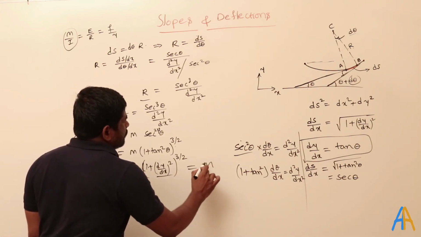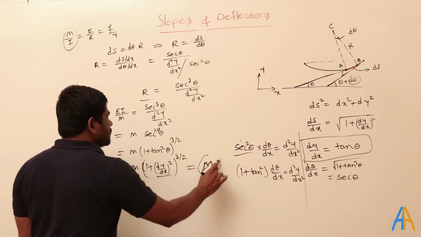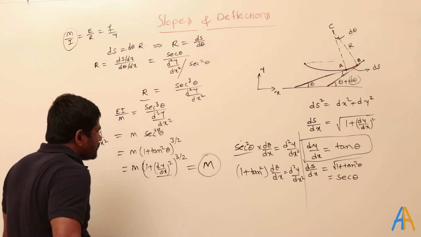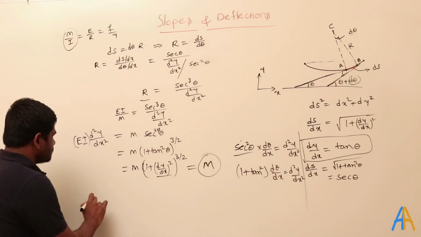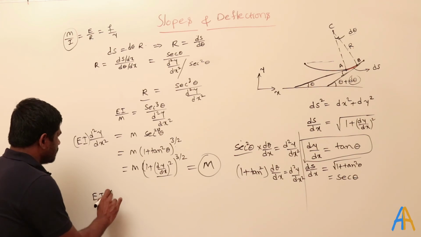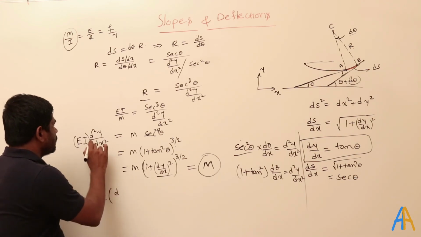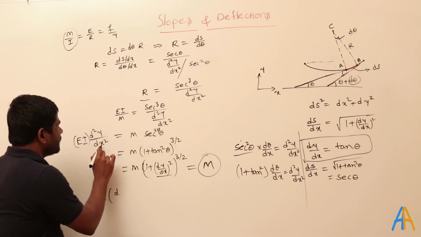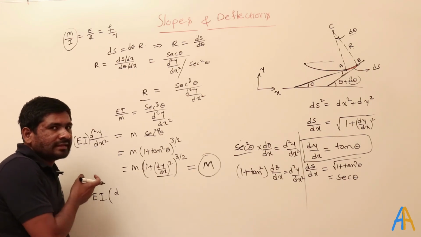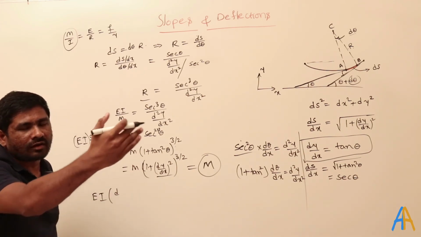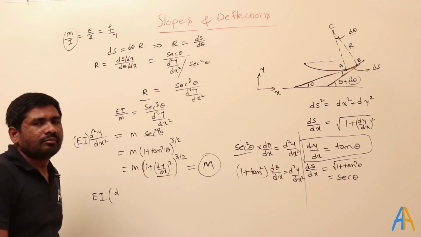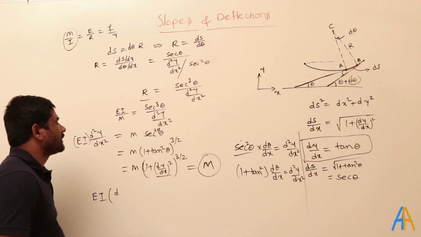Then here it is only M. And here you need to see whether M is a constant or not. Here M is not constant. Why? Here we are finding out y with respect to x. That means by changing different cross sections all along the beam, we are trying to find out the deflection.